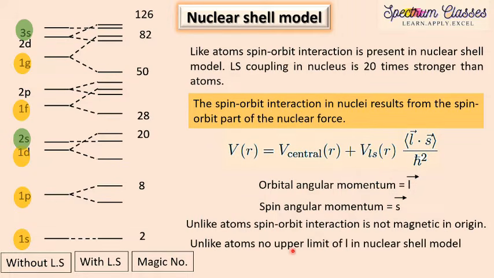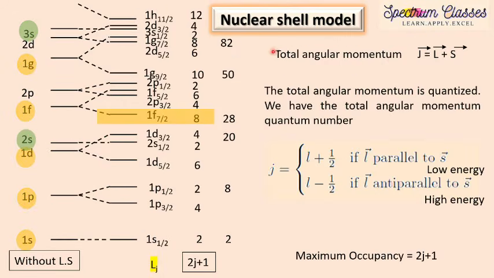One more thing: in atoms there is an upper limit for the azimuthal quantum number, but in the case of the nucleus there is no upper limit of L in the nuclear shell model, right? So here you can see 1s, 1p, 1d, 1f, 1g, but in the case of atoms we do not have 1p.